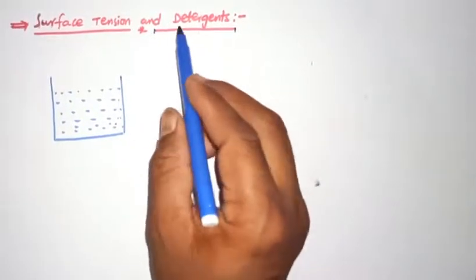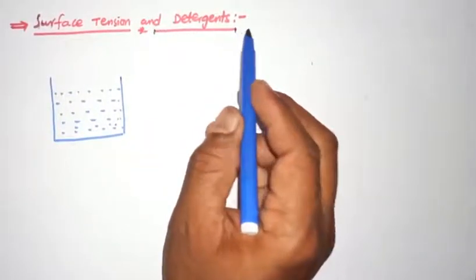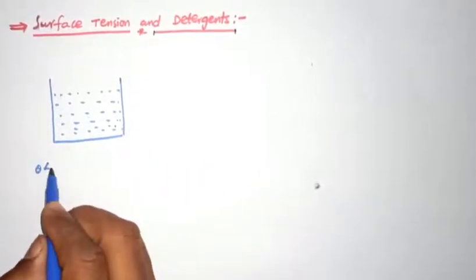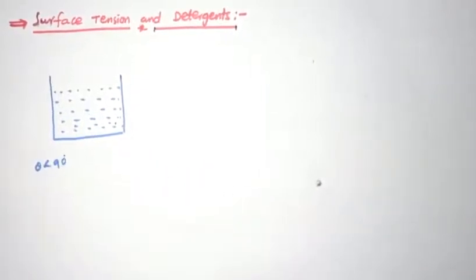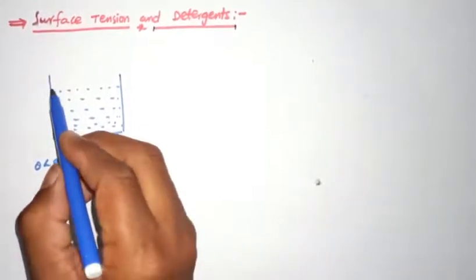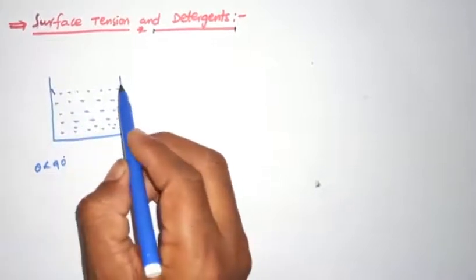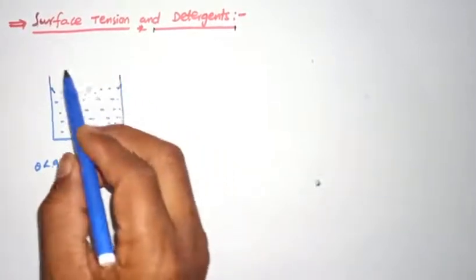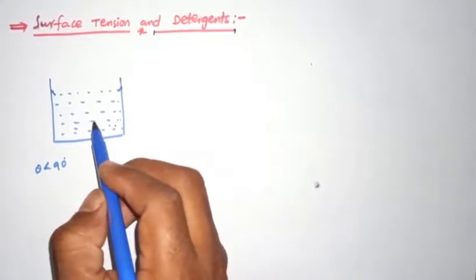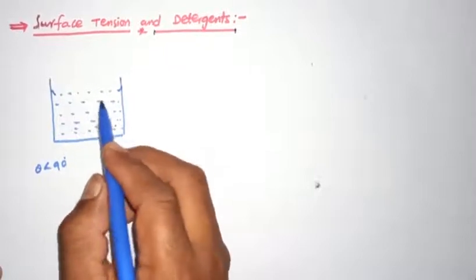The angle of contact with the glass is less than 90 degrees. Okay, this is an acute angle, so it is formed like here.